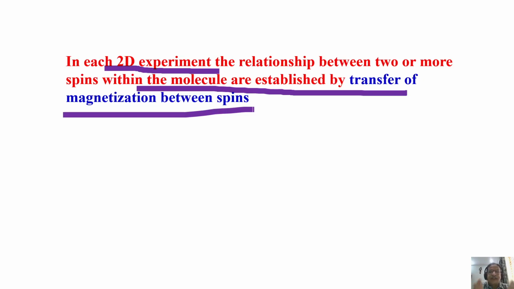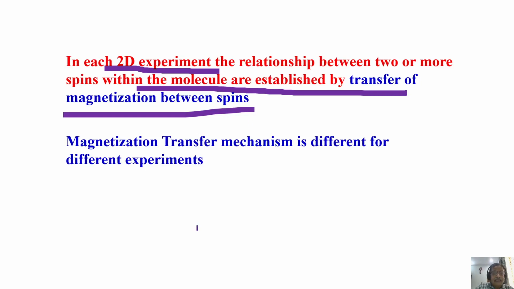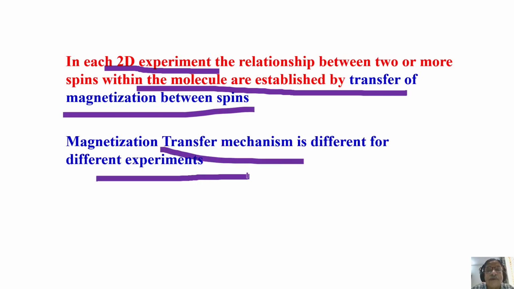This magnetization transfer mechanism is different for different experiments. If it were the same, then only one experiment would have been there. So this is the beauty of NMR.